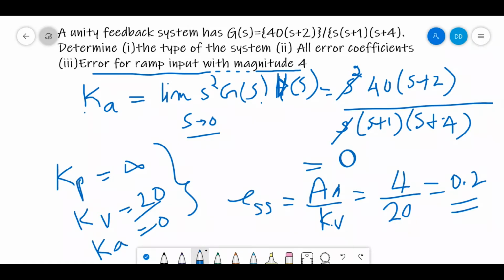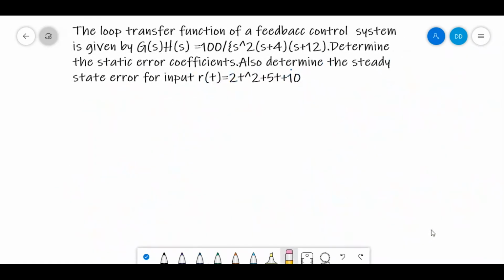We will consider one more example. The loop transfer function of a feedback control system is given by G(s)H(s) equal to 100 divided by s square into (s plus 4) into (s plus 12).